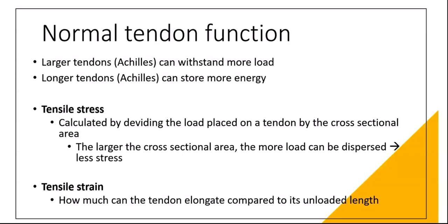The tensile stress is calculated by dividing the load placed on a tendon by the cross-sectional area. So, the larger the cross-sectional area is, the more load can be dispersed, so there's less stress on the tendon. The tensile strain: how much can the tendon elongate compared to its unloaded length?